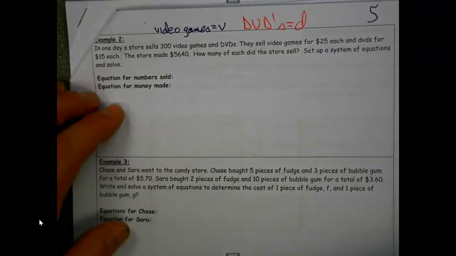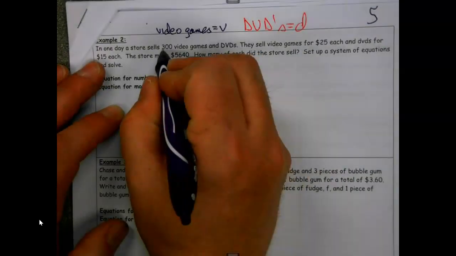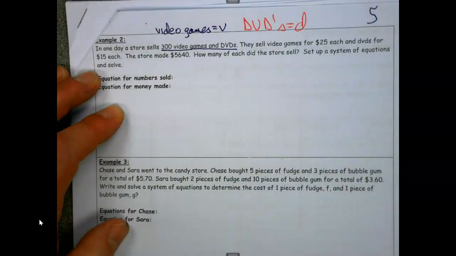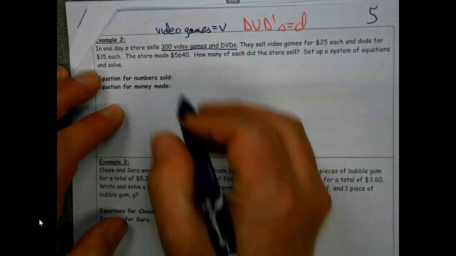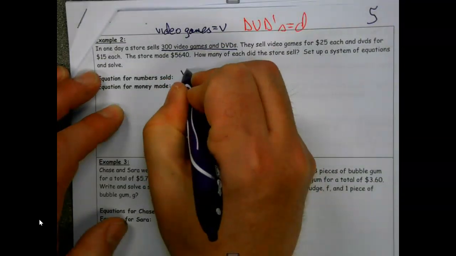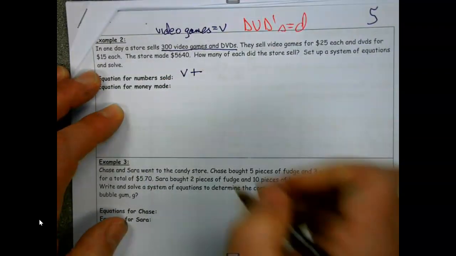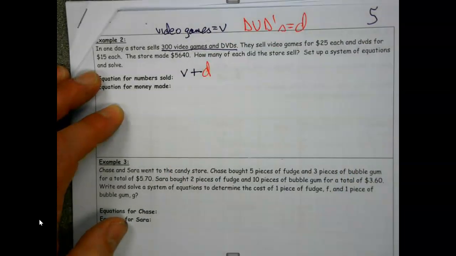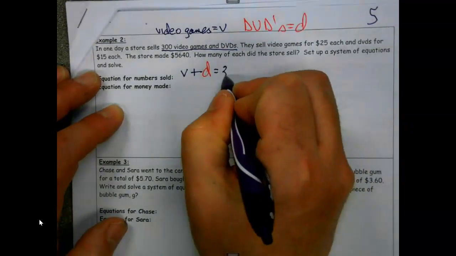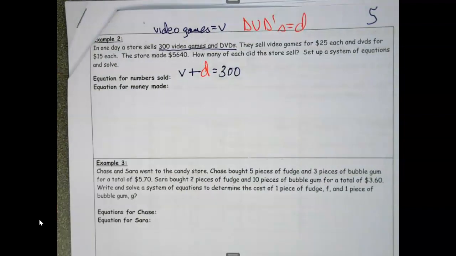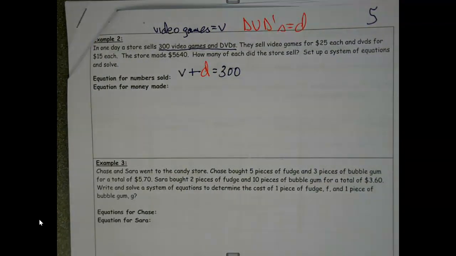In one day, the store sells 300 video games and DVDs. So my video games plus my DVDs are going to equal 300. That's strictly on how many I sold. They kind of give me the hint with the word sells there. So video games plus DVDs equals 300.